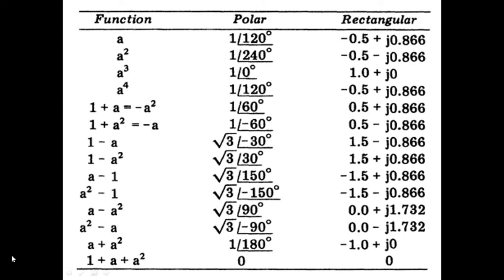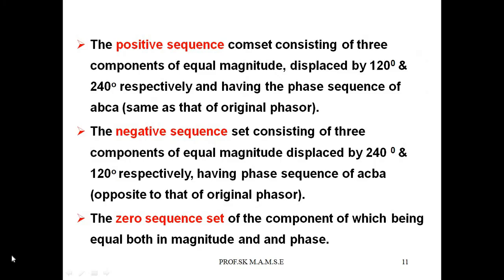And a squared minus a is equal to root 3 angle minus 90, 0.0 minus j 1.732. Then a plus a squared: 1 angle 180, minus 1 plus j 0. And 1 plus a plus a squared: polar 0, rectangular 0.